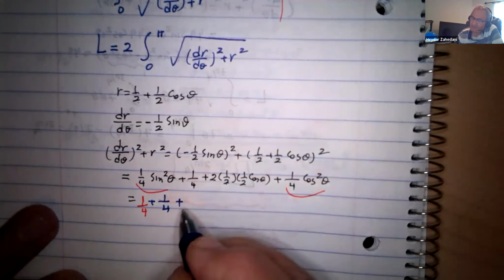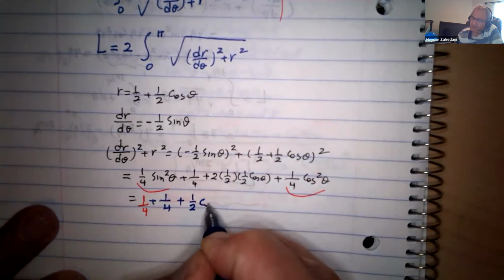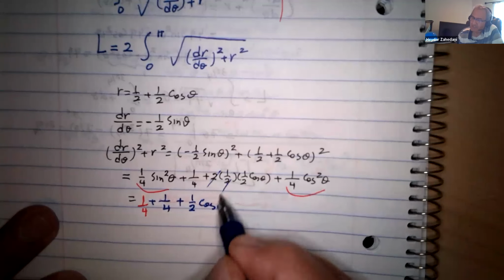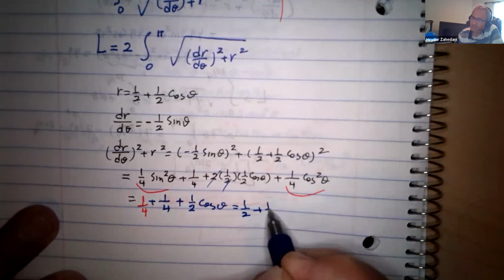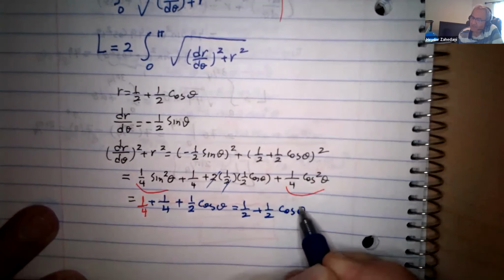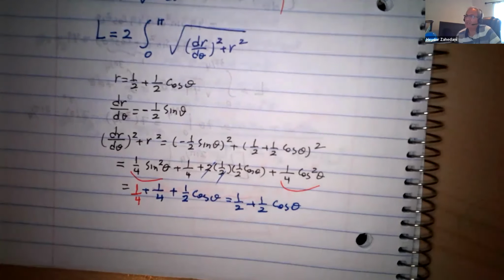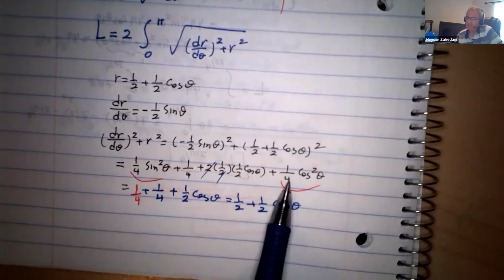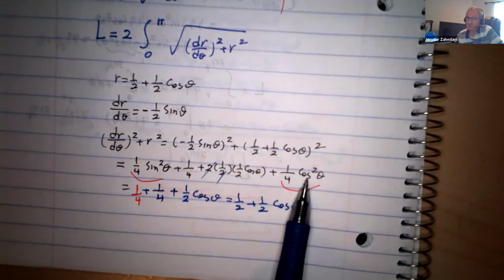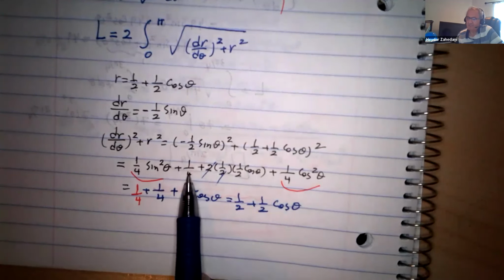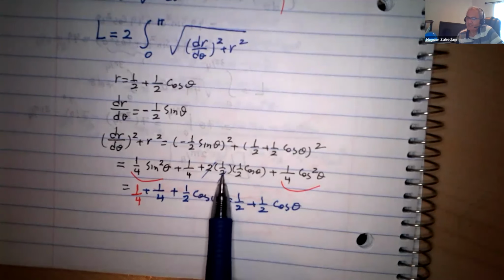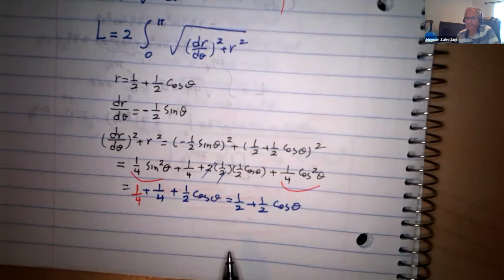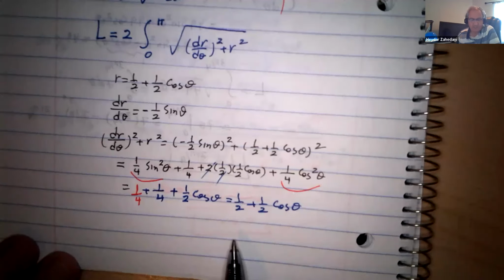Now it would be fine. So that would be 1/2 cosine of theta, because these two would cancel out. So a quarter and a quarter would be half. So I get back to the original formula. It's always the case for the cardioid. It's going to be nicely simplified. So I put out the quarter, so that gives me sine squared plus cosine squared, which is 1. So the leftover quarter. I have a quarter here. So twice, 2 times first times second, 2 and 2 simplify, 1/2 of the cosine. Okay, so this is going to be the case.